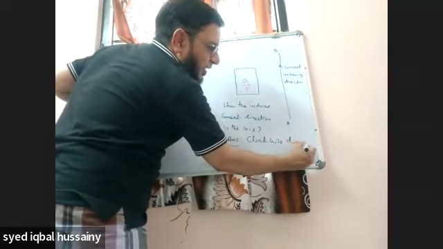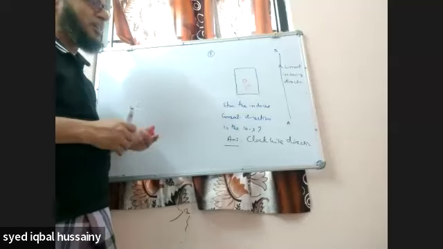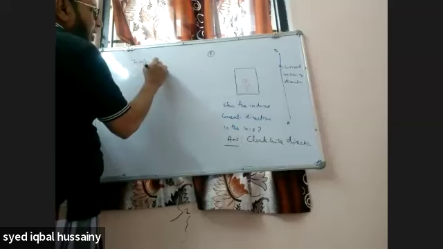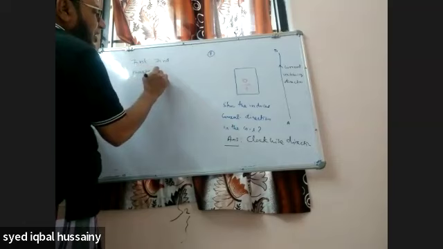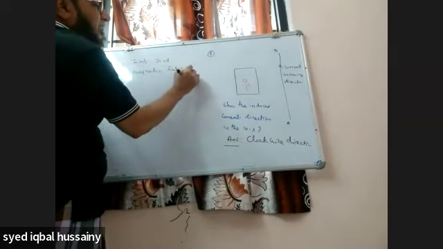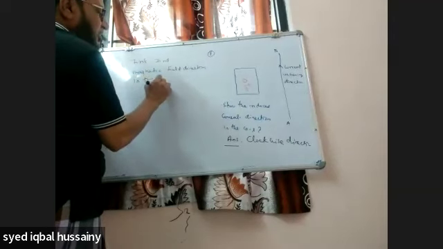So the concept is, if you forget, then you write step by step. First, find the magnetic field direction in the coil. This is the first step.